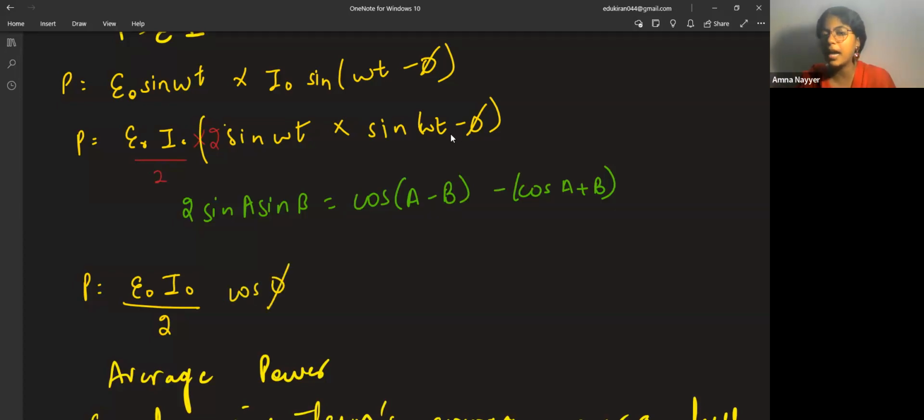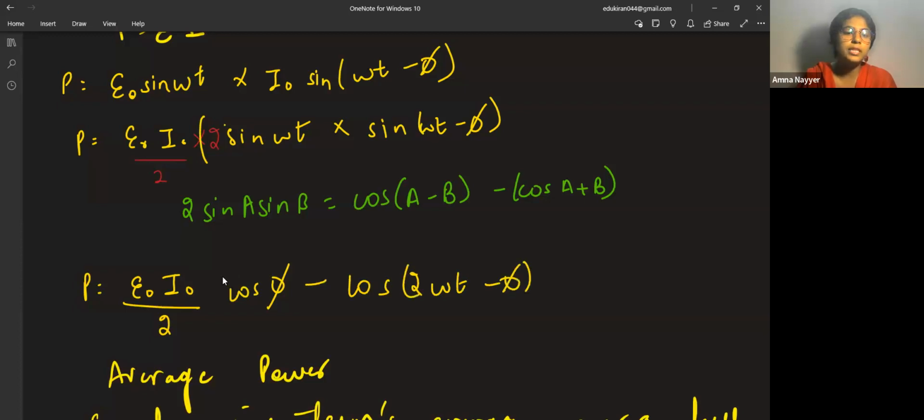Because when you're subtracting, this will become plus, this will become minus, so omega t minus omega t. This is how we subtract, right? Like terms, or opposite signs, will get cancelled. Then cos phi minus cos A plus B, that will be cos of omega t plus omega t minus phi, which becomes 2 omega t minus phi. This is what we are having.